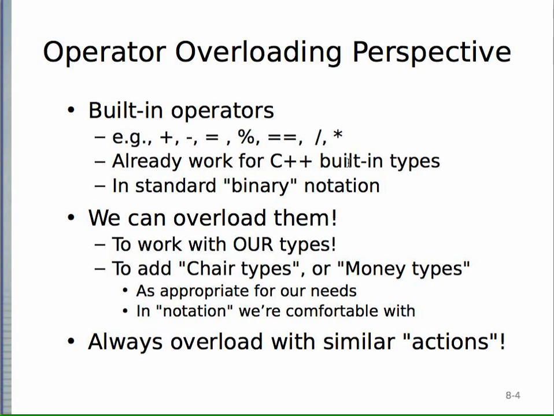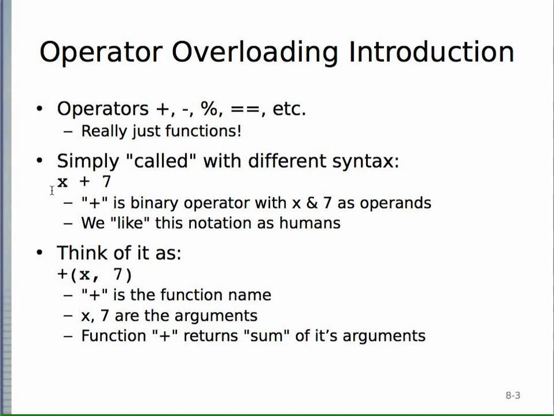Now here's the thing that's different from Java: we can overload them to work with our types. We define a class called chair, or we define a class called money, and we can add the plus operator to these classes. So why do we do this? Just because it's nicer to be able to write this, where x is a class, for example.